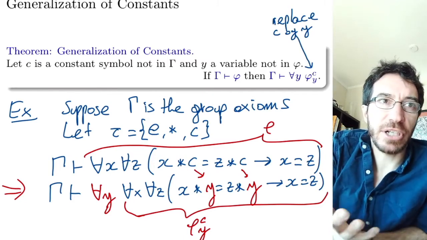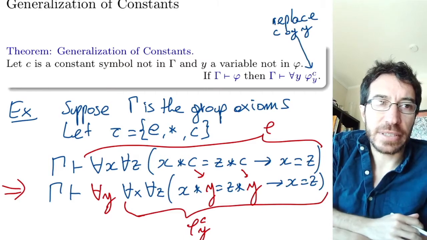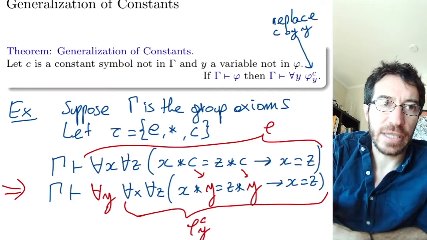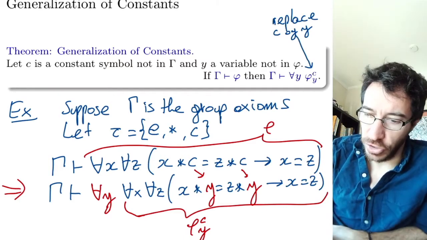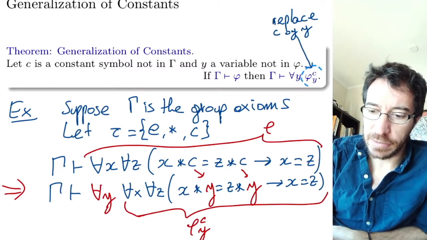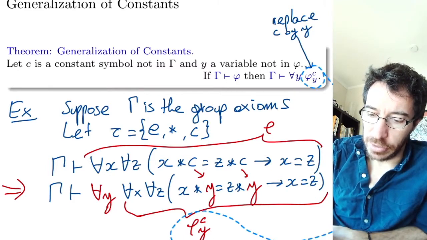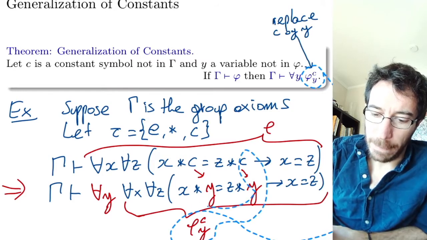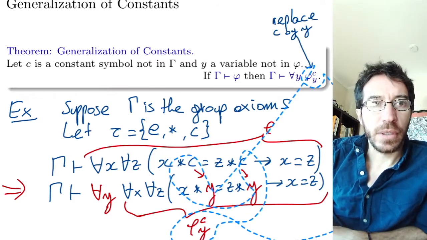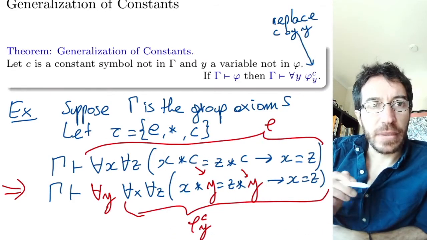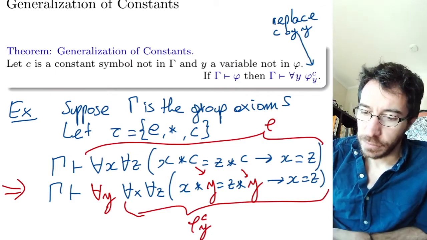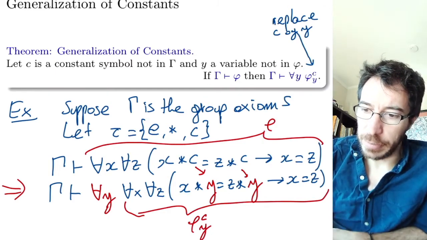So essentially this theorem is saying that the formal system works correctly in that sense. Again, this just means, like in this example, replace the c by the y.